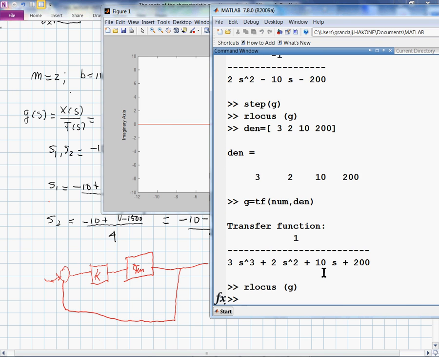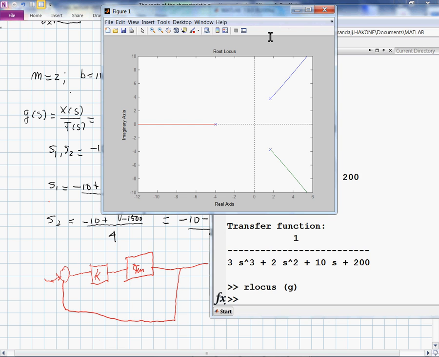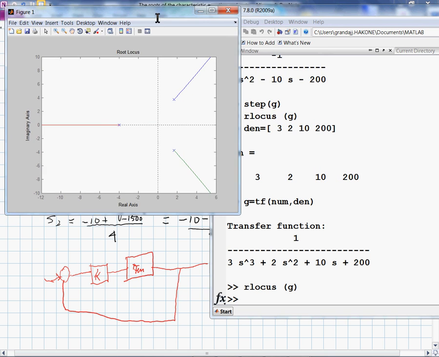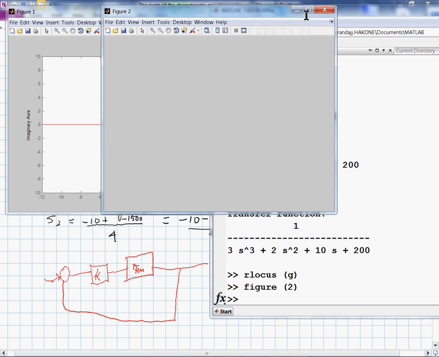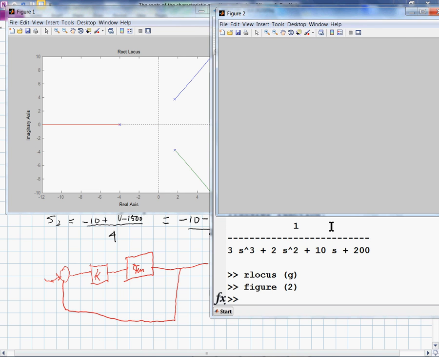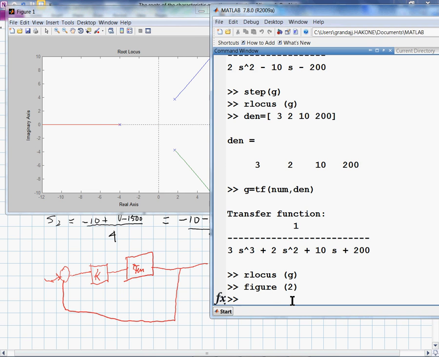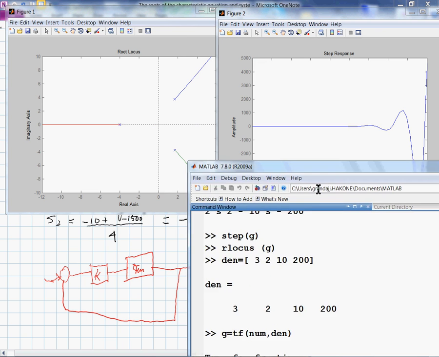In fact, so that you can see it, I am going to define a different figure 2, so that we see it on a different figure. And on this one, I'm going to ask for the step response using my transfer function, and look what I just got. These roots here verify that my system will have a bad response, unstable, it will blow up.